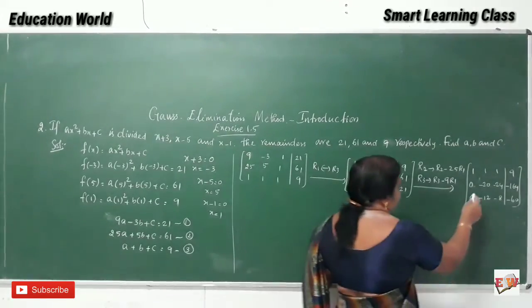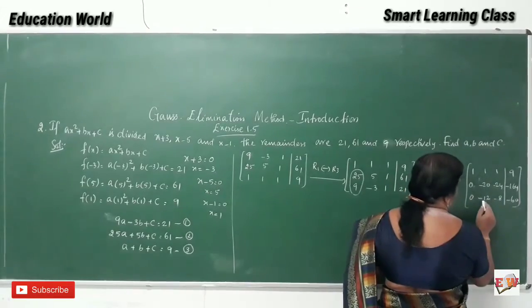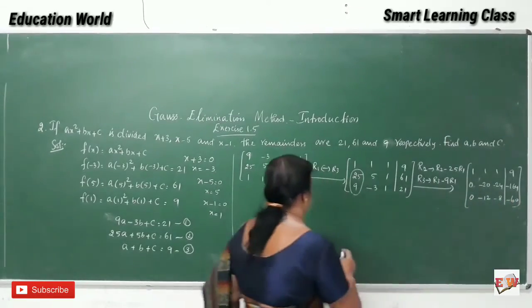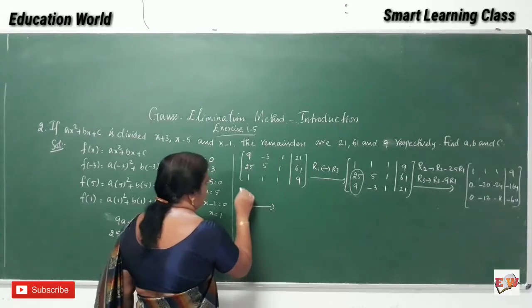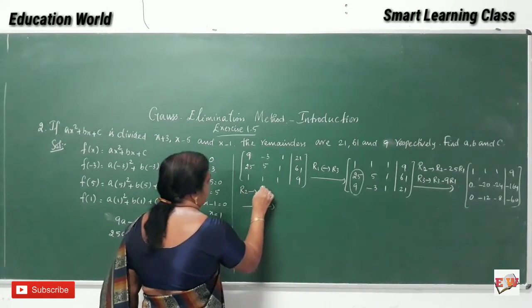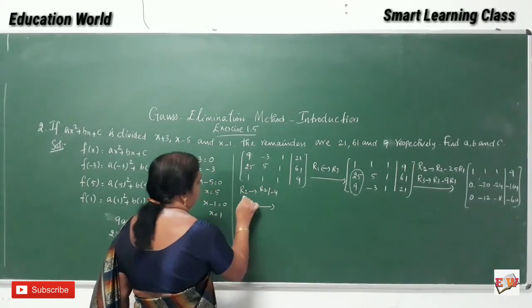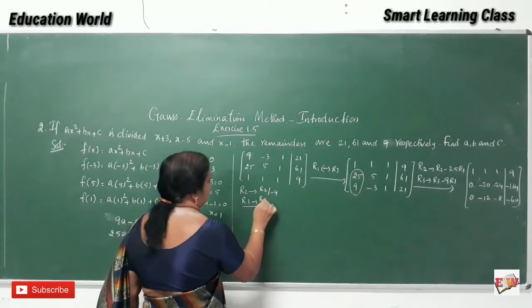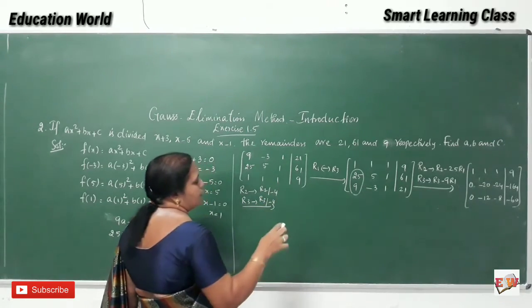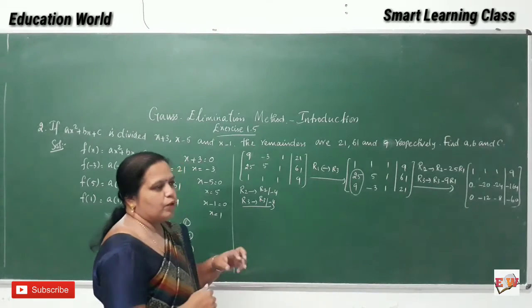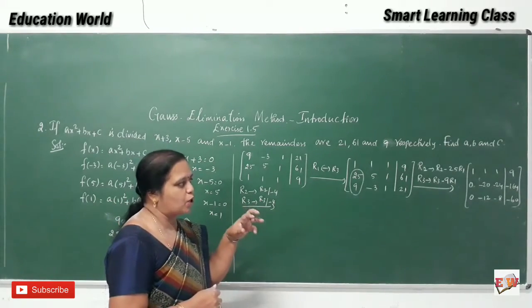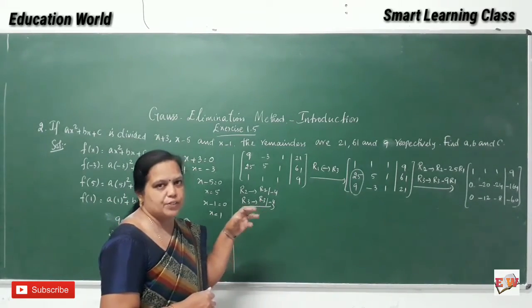Next, see, we can divide this row by 4. This also can be divided by 4. R2 divided by minus 4, R3 divided by minus 4. That time the terms will be reduced, because when small terms are there, the calculation is very easy for us.